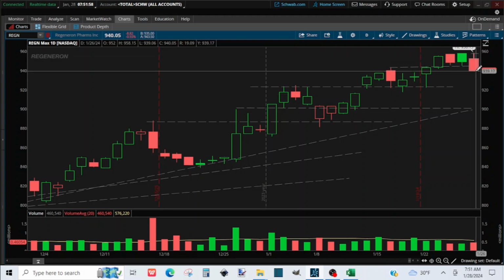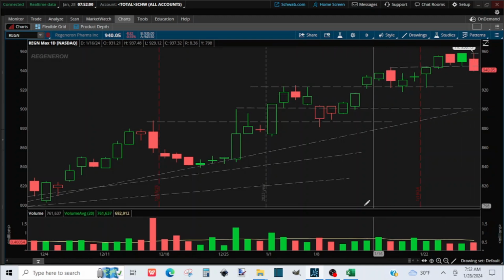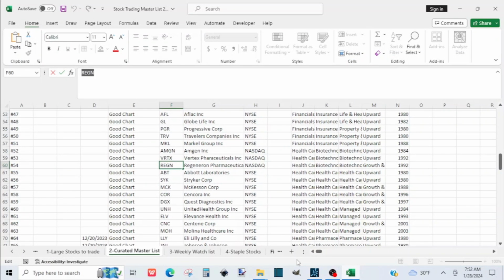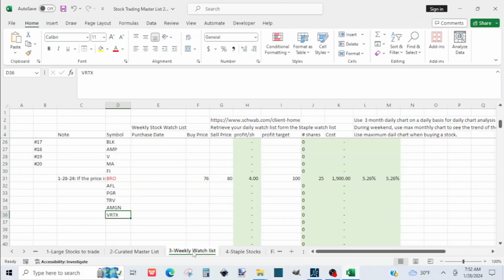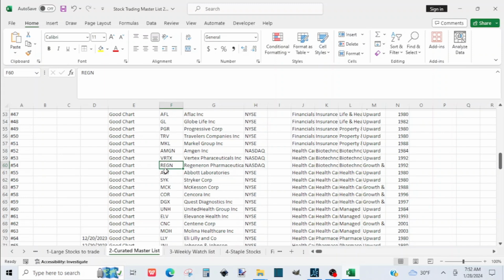So let's add it and keep an eye on it. The lowest price to buy will be at the trend line. Yes, if it's going up from the support line and that support line is not close to the trend line, you can still buy it.